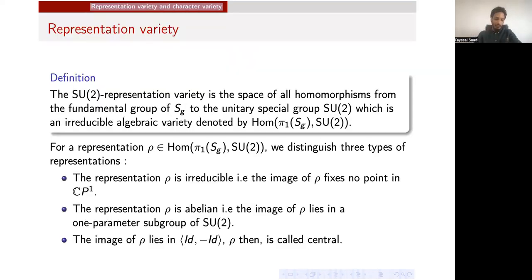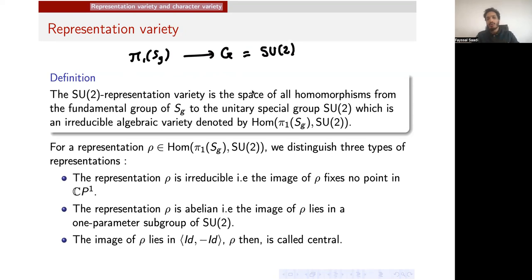And now we will move to another notion in this talk, which is the representation variety. A representation variety is a space of all homomorphisms from the pi1 of S to a Lie group G. And in this case, we take the Lie group to be SU2.